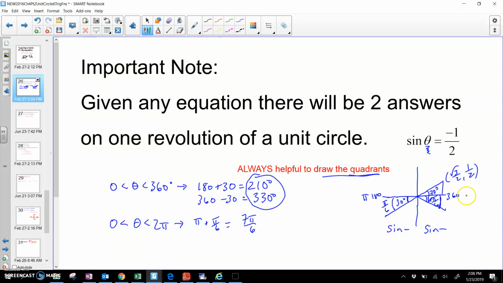And then this is pi/6 away from 2 pi, so I would do 2 pi minus pi/6, which gives me 11 pi/6. So depending on whether I wanted the answer in radians or degrees, those would be my answers. But again, you should have two answers if we're talking about a full revolution and there are no additional restrictions.